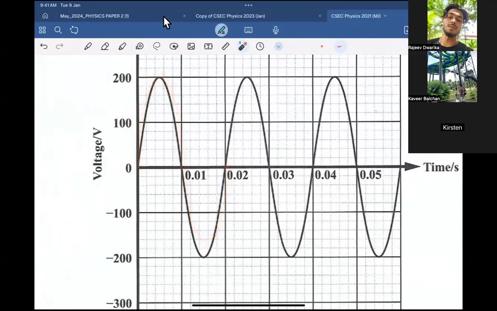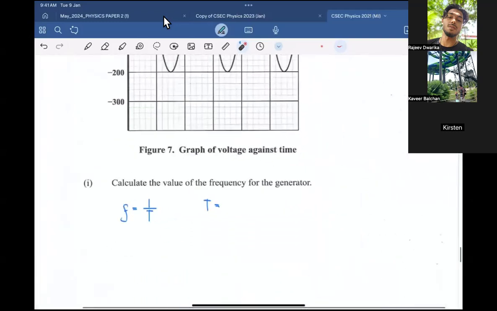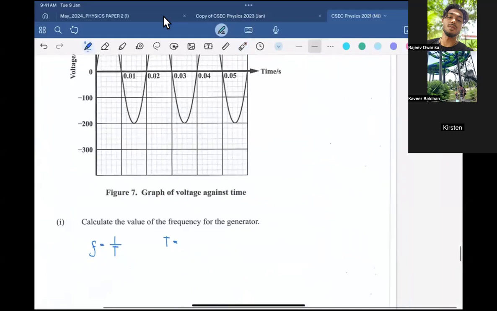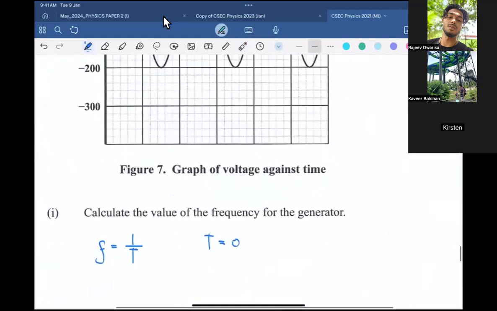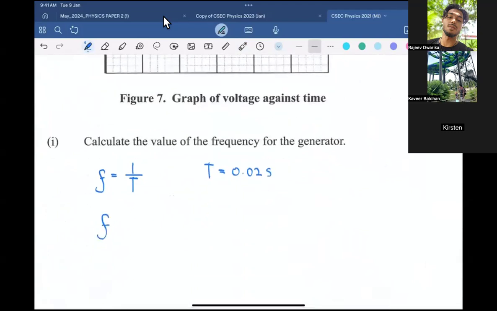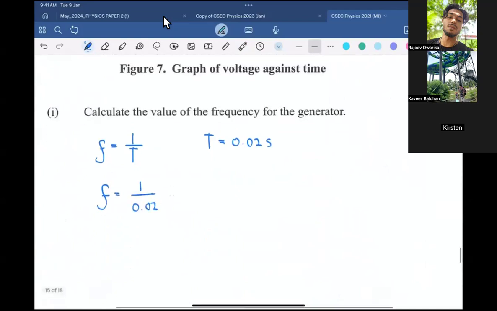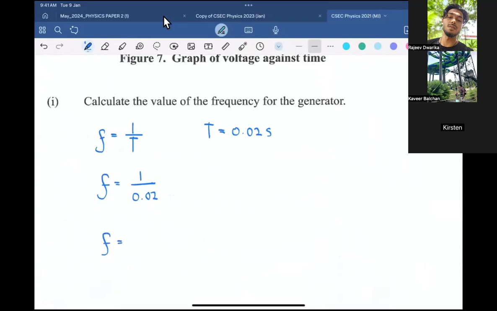Remember, an oscillation is a crest followed by a trough. And 0.02 what? That time is measured in what? Seconds. Right. So to find my frequency, that'll be equal to 1 over 0.02. So log that into your calculator and remember, what is the unit for frequency? You should know this from music.